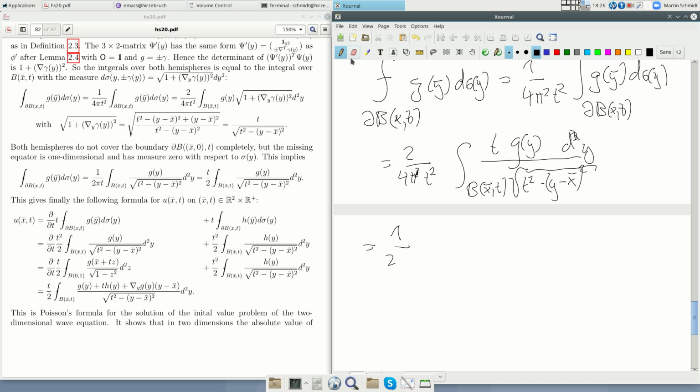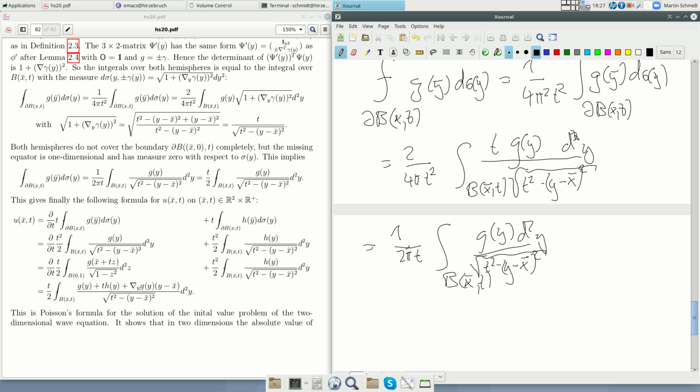The volume is 4 pi, so it remains 2 pi. Yes, 2 pi and only 1 t, integral over this two-dimensional ball g of y times the square root of t square minus y minus x bar square d2y.